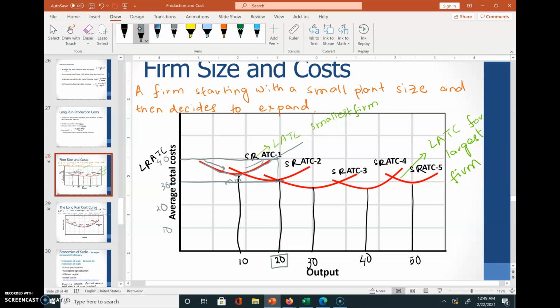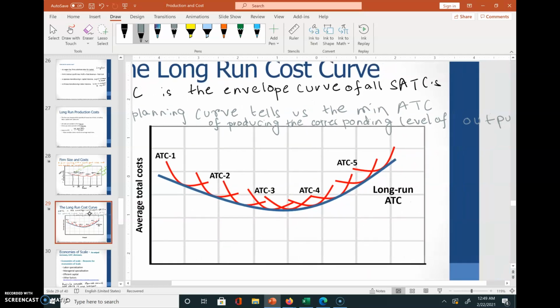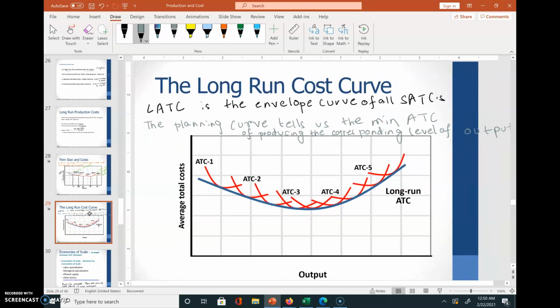So for producing 20 units of output, the best choice is SRATC2. Okay. So we might have an infinite number of short run average total cost curves corresponding to each level of output. And we have this long run average total cost curve, and we can decide on which technology to choose and which cost curve we want to be on.